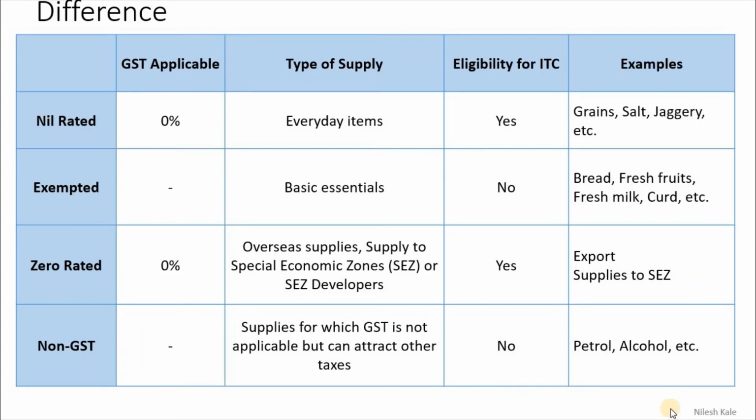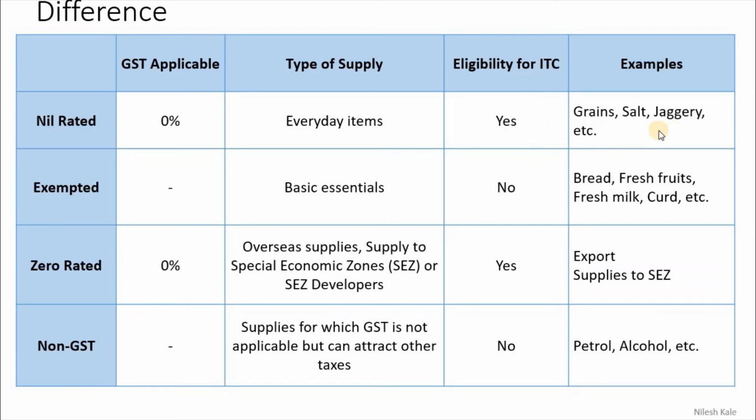Look at this difference. Look at this table. We have nil rated, we have the types of supplies here and the categories. Nil rated, is GST applicable? Yes, at 0% rate. And what is the type of supply? Everyday items. And do you get ITC, input tax credit? Yes.